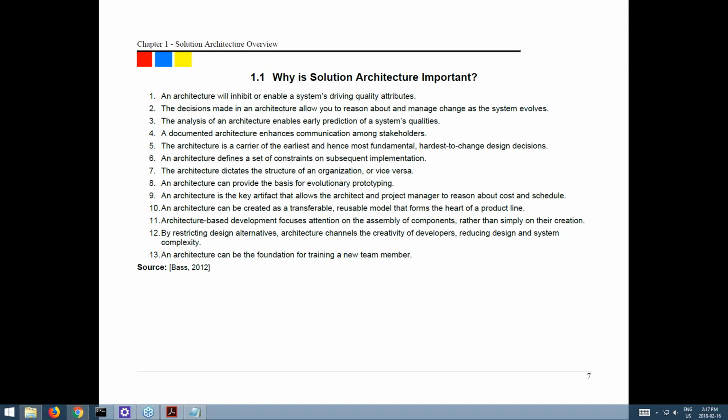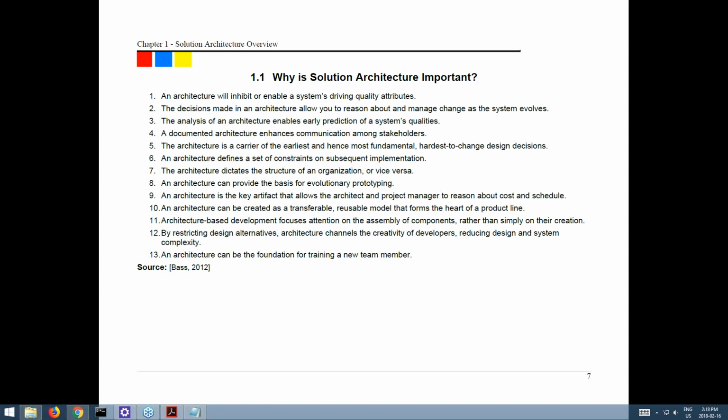Architecture may dictate the structure of an organization or reflect the structure of an organization. There's a rule named after somebody, and I forget the name of the law, but a common statement is, show me the architecture of your software, and I can probably describe the organizational structure of your company. Similarly, the decomposition that we do will reflect functional boundaries in the organization.